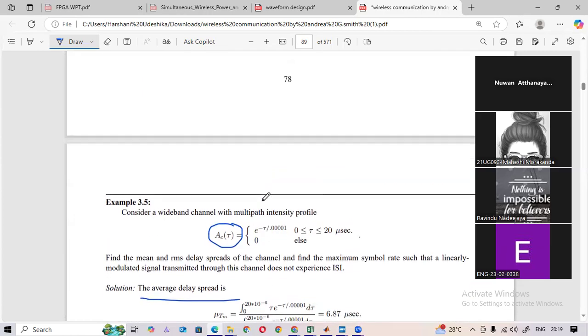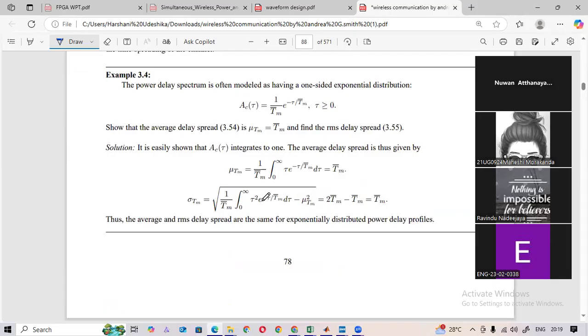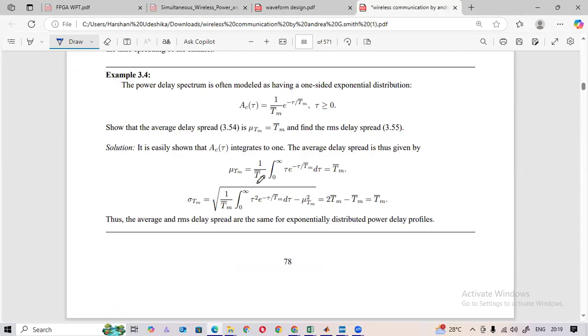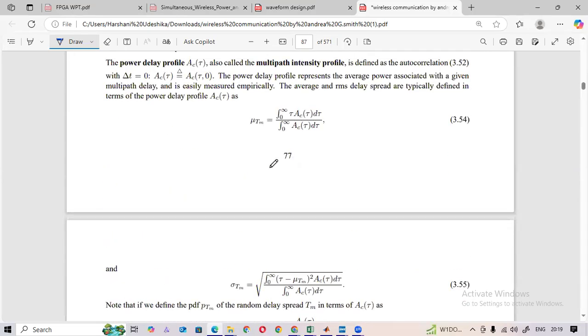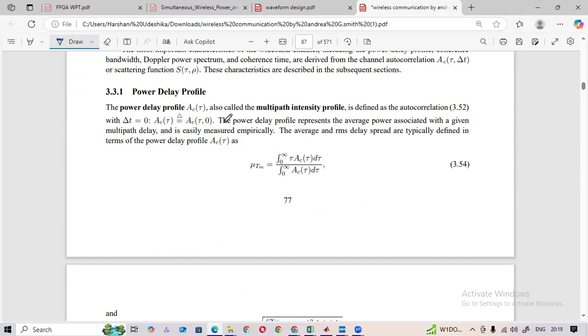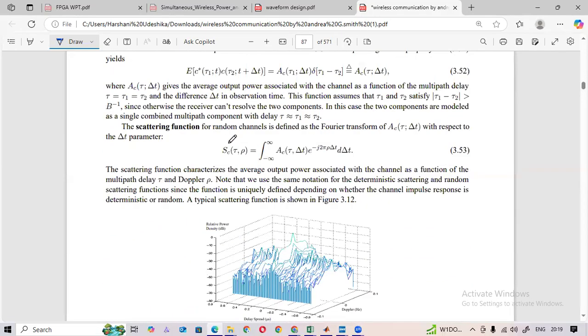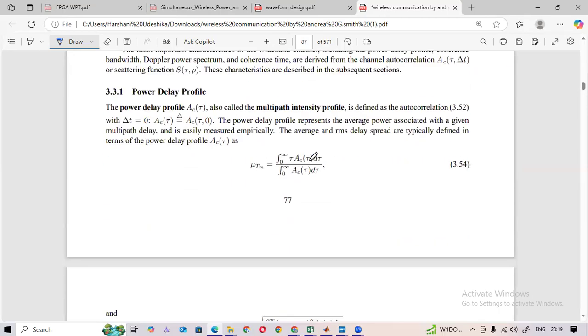So average delay spread, you can find using this one, okay?